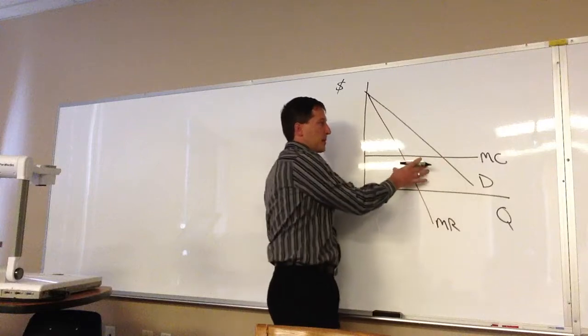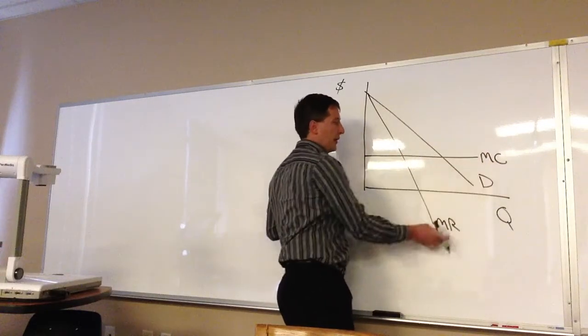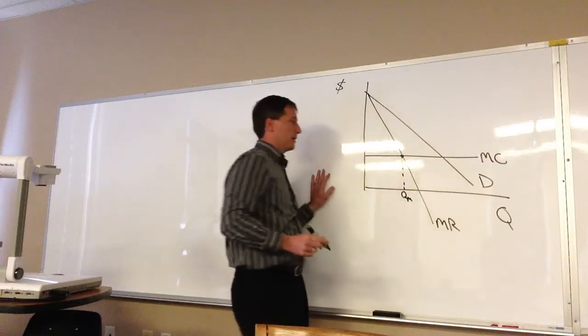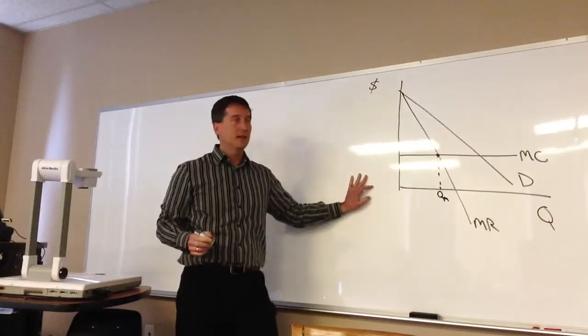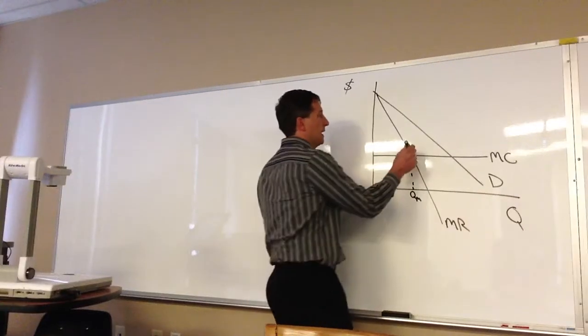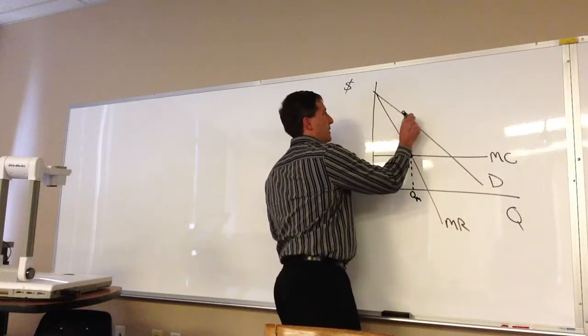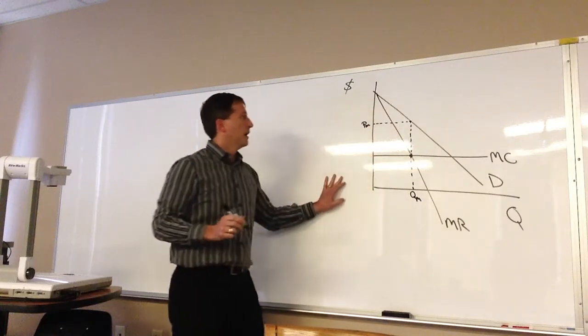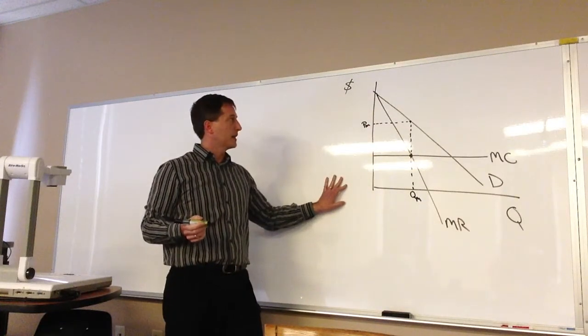All firms maximize profits by producing the quantity where the revenue generated by the last unit is equal to the cost of the last unit. Gives us the profit maximizing quantity. The monopolist charges the highest price people are willing and able to pay for that good. And there's the classic monopoly model.